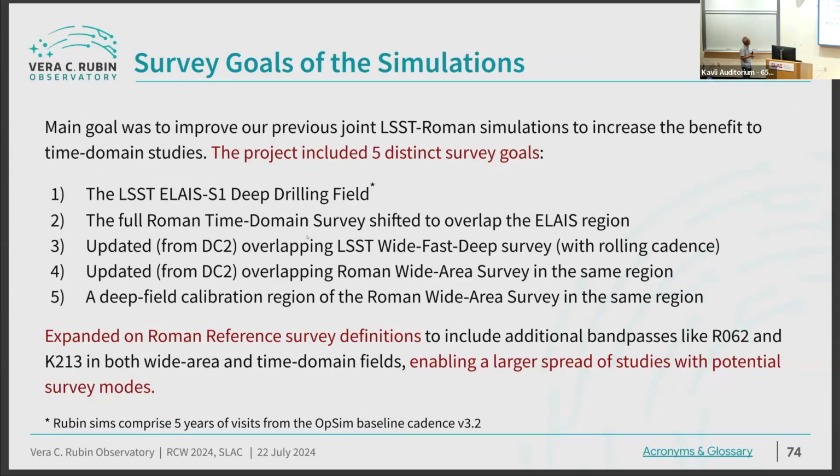Along with that, we also have a Roman time domain survey, which is shifted to be coordinated and overlap the ELAIS region. We also wanted to use one of the most recent wide fast deep surveys, which included a rolling cadence in these simulations, and also have an overlapping wide area survey from Roman as well as a deep calibration region covering the same region.